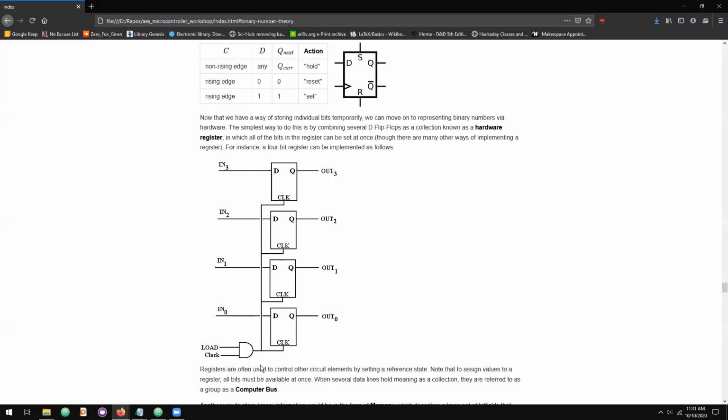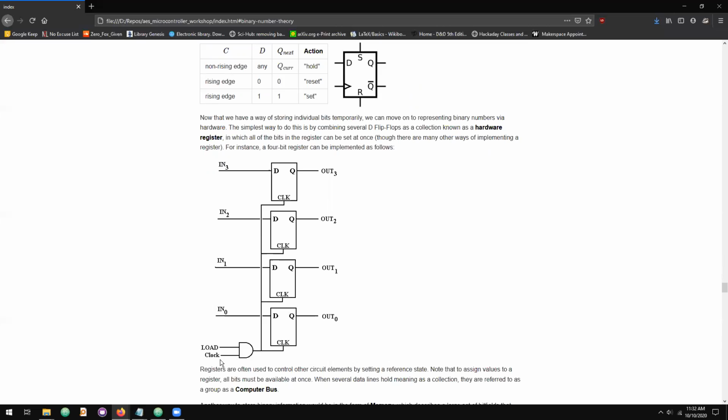If you imagine this circuit, we have our clock signal on this line, and we're ANDing it with load, which in this case is a signal that represents that we should do an operation where we store bit states.